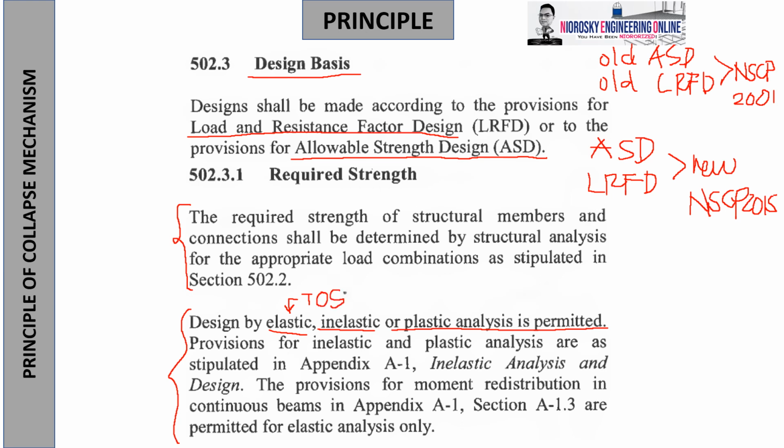So let me call it as TOS. Inelastic, somewhat like the boundary that can be also perceived by TOS, but some additional provisions may be applied. And there's another term to look at, the plastic analysis. So this will be the main highlight of my discussion for this particular video lecture as the principle of collapse mechanism, or we can call it as a plastic analysis.